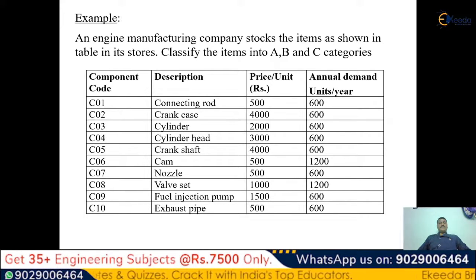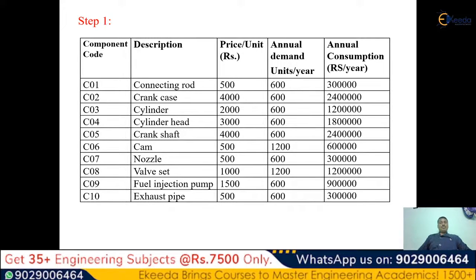Based upon the prices and the annual demand for each of them, individually we will find out the price per unit and the total annual consumption. For example, the connecting rod is 500 rupees per unit and the annual demand is 600. So when we multiply 600 with 500, we get around 3 lakhs.